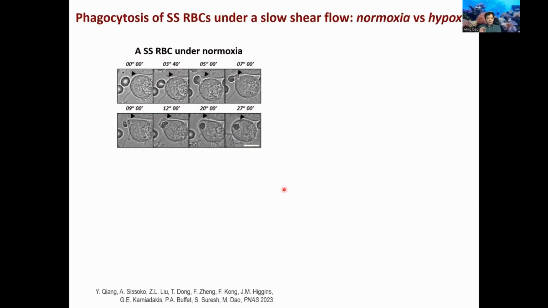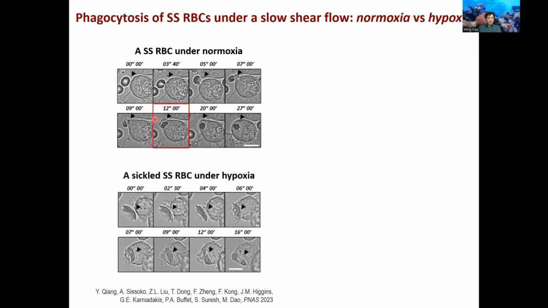After retention of these sickle cells under slow flow, mimicking what's happening inside the spleen, sickle cells under normoxia get eaten. There's a process of being pinched and then eaten.